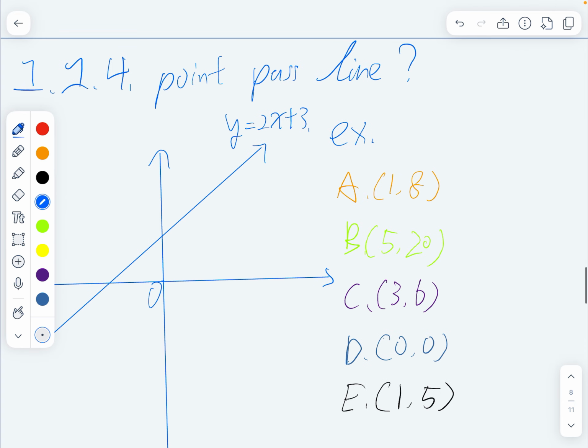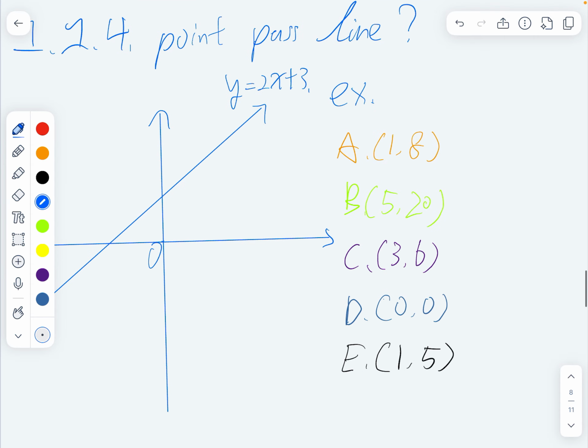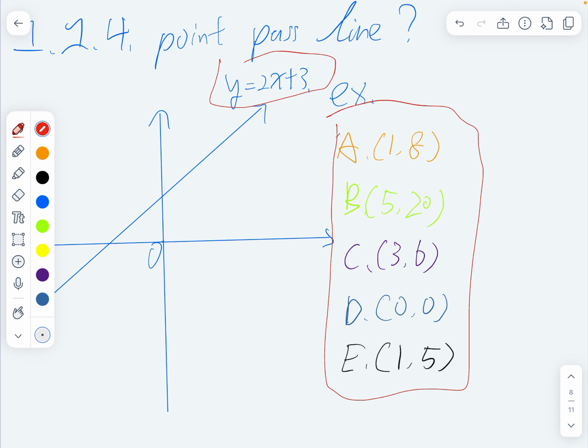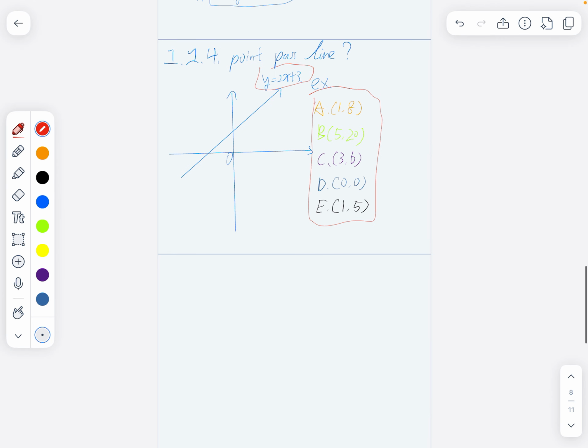For the next part, we talk about whether a point passes the line. First we already have a line of the linear equations and several points. We just plug the points into the relation. We can calculate whether the point will pass the line. So how to do that?